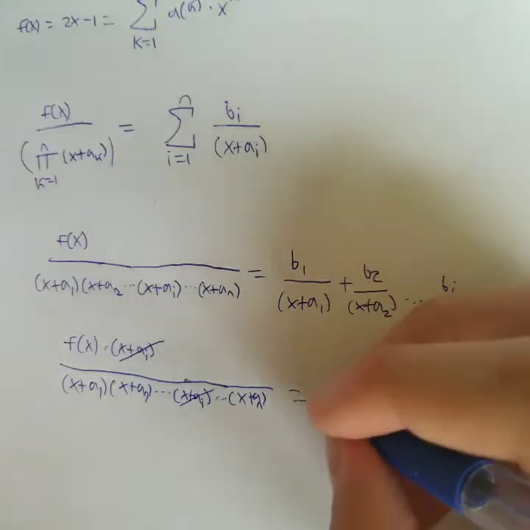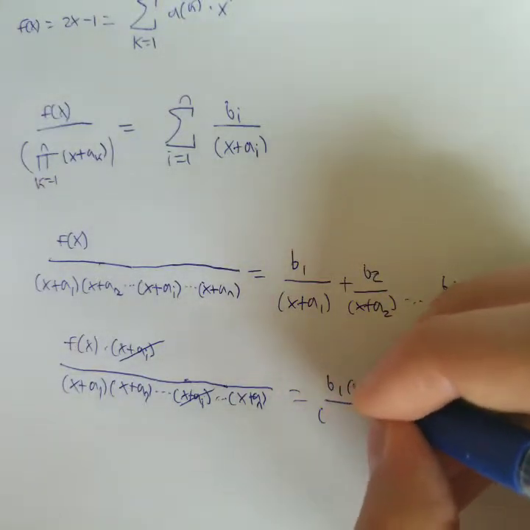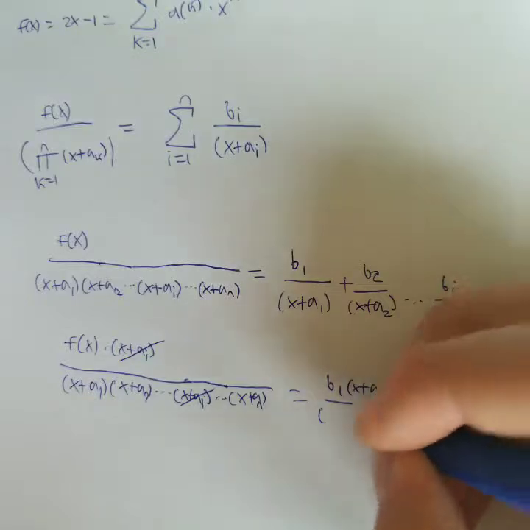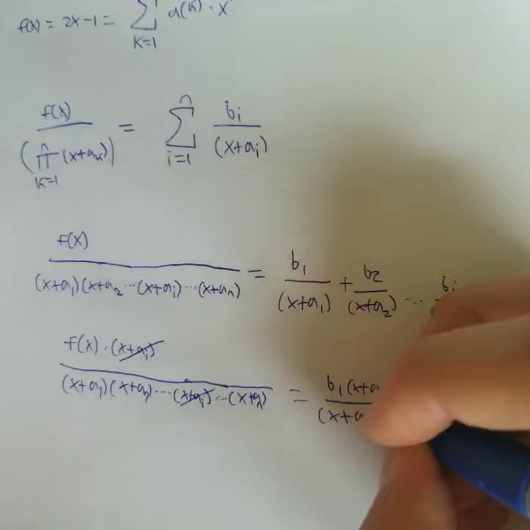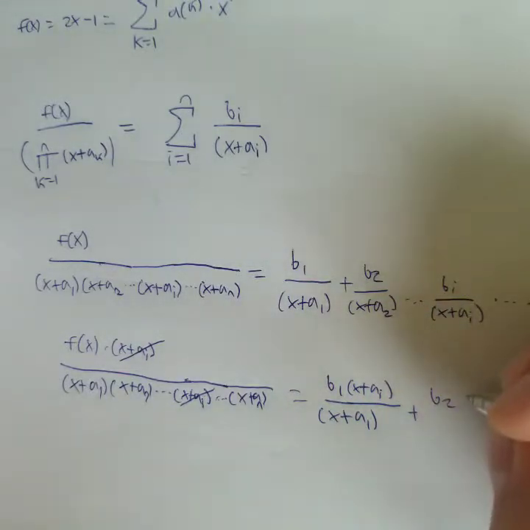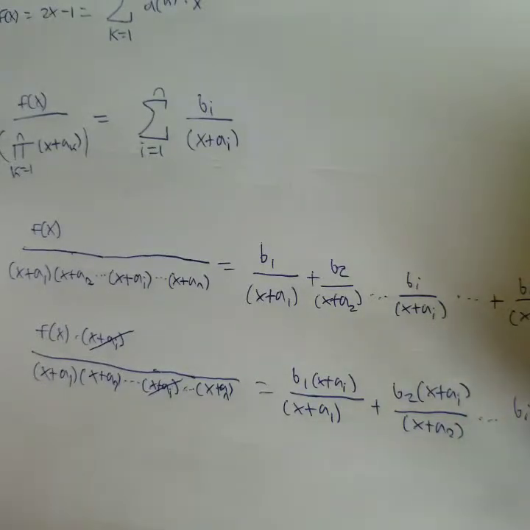This is equal to b1 times x plus a i over x plus a1, plus b2 times x plus a i over x plus a2, and you get b i times x plus a i over x plus a i.